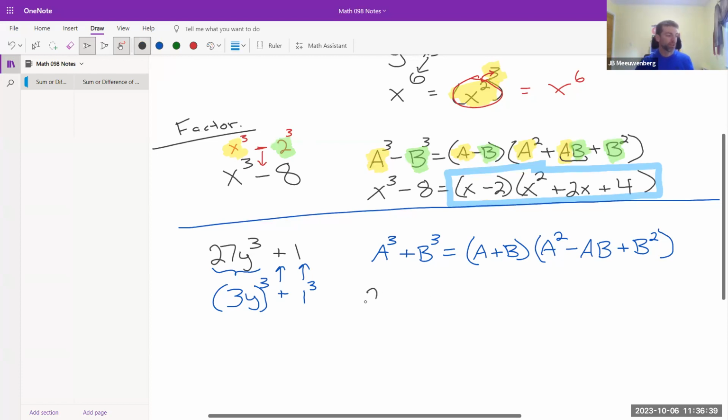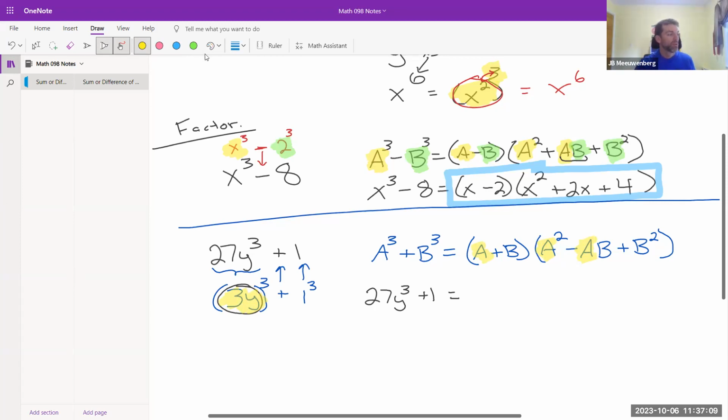I want to factor 27y cubed plus 1. I know that the a, the base, is 3y. So everywhere we see an a, we are going to replace that with the base 3y, the thing that was being cubed.